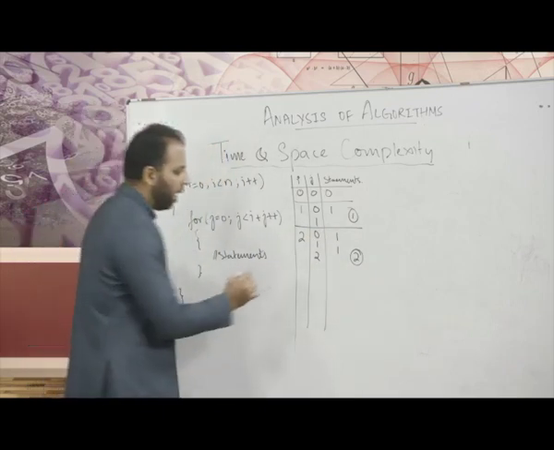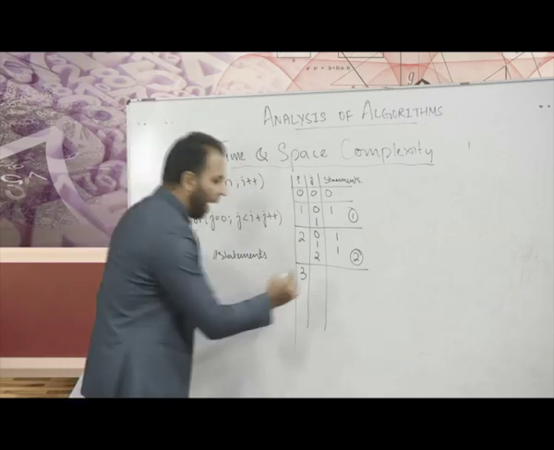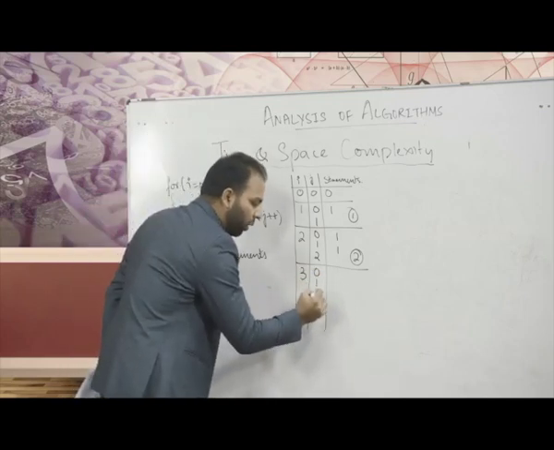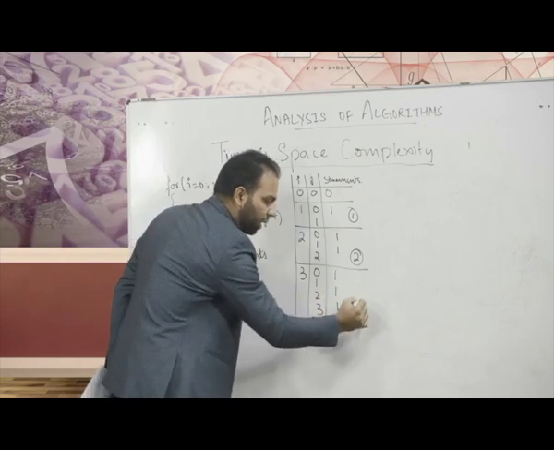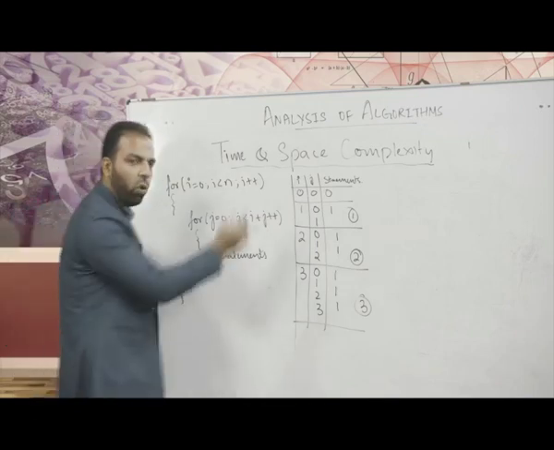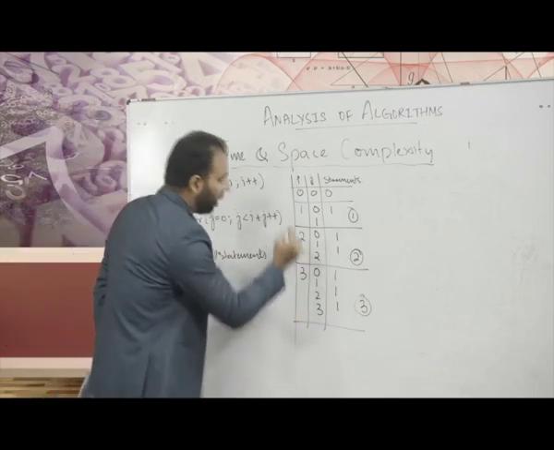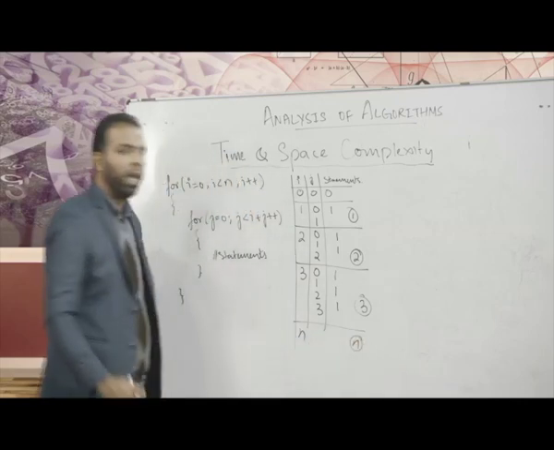Fine. So if we go for 3, j will go to 0, 1, 2 and 3. Here once, and here once, so in total 3 times the statements will be executed. If we go on in this manner, when i becomes n, n times your statements will be executed.